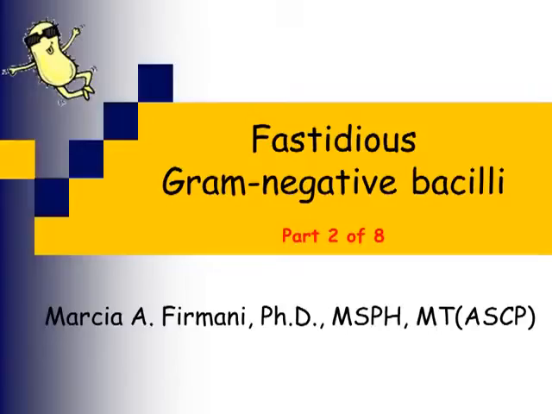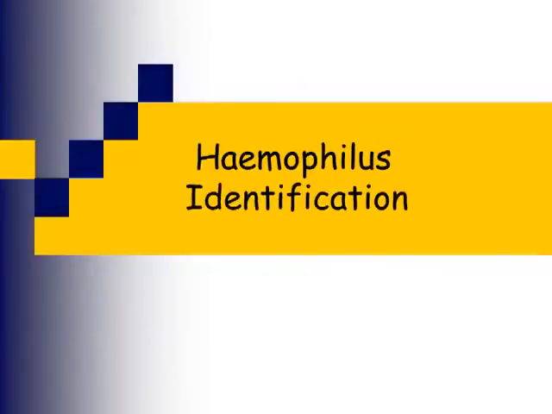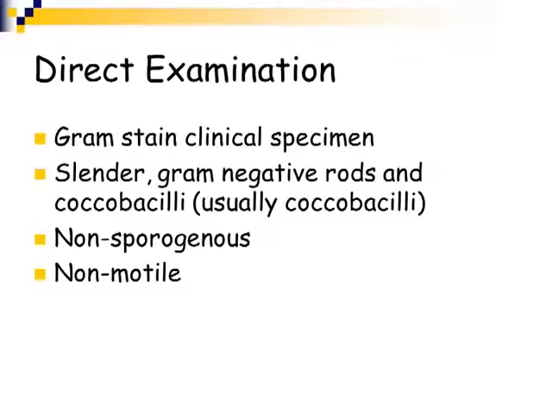This is part 2 of our 8 fastidious gram-negative bacilli lectures, and in this lecture, we're going to focus on Haemophilus identification. One way to identify Haemophilus is through direct examination, which we mentioned in previous lectures.